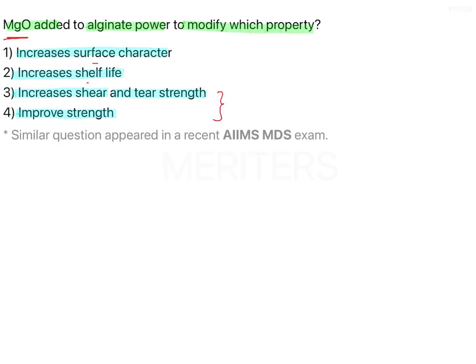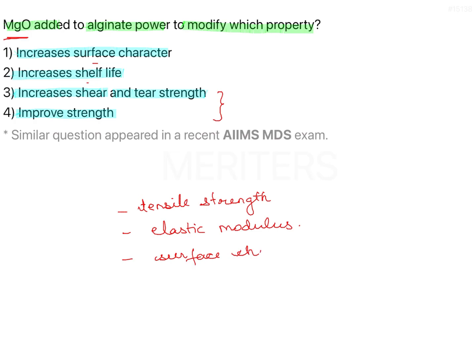So coming to the question, the correct answer should be related to either tensile strength or regarding the elastic modulus and the flexibility, or regarding the surface, that is interfiber porosity, so surface characteristics.